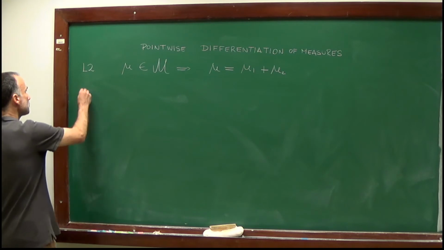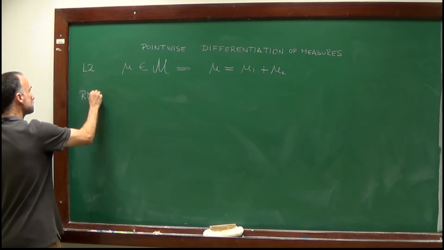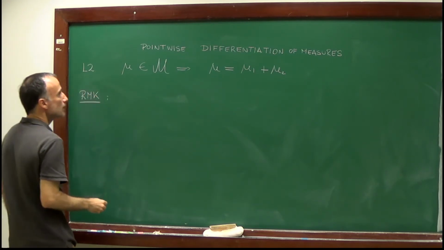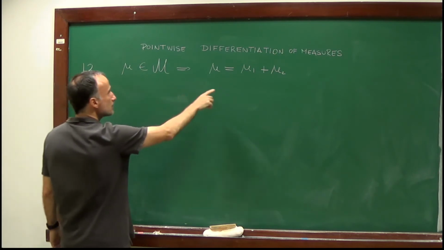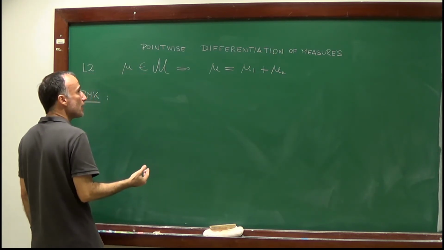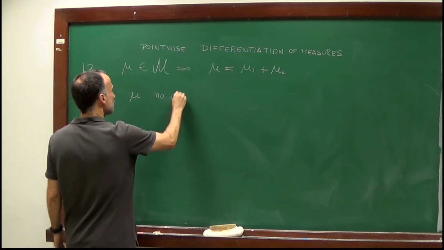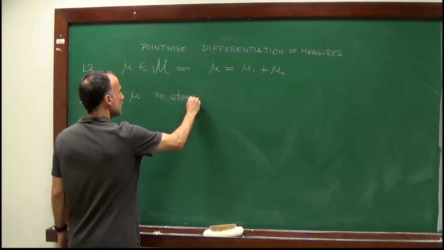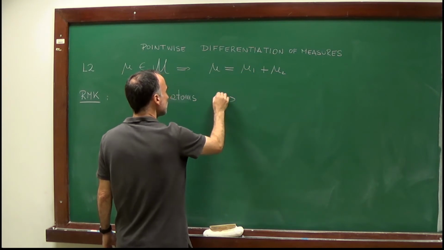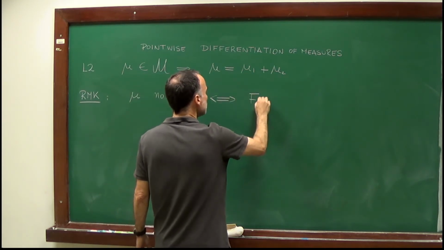Now we have a simple remark. We have seen in this decomposition that measures with no atoms appear. So suppose that mu has no atoms. And what I claim is that this happens if and only if f mu is continuous.